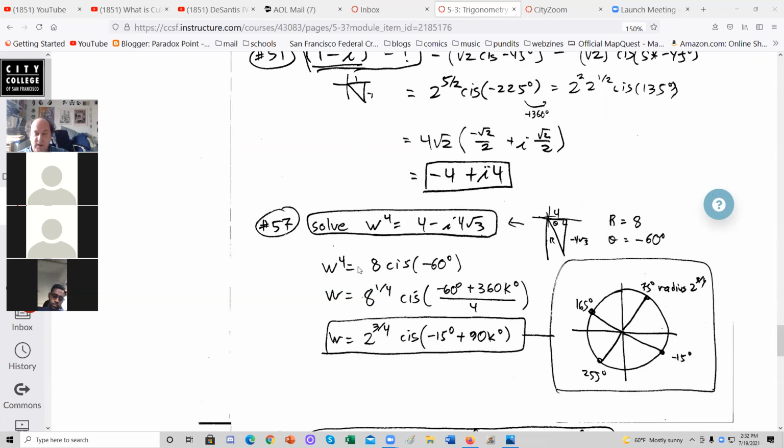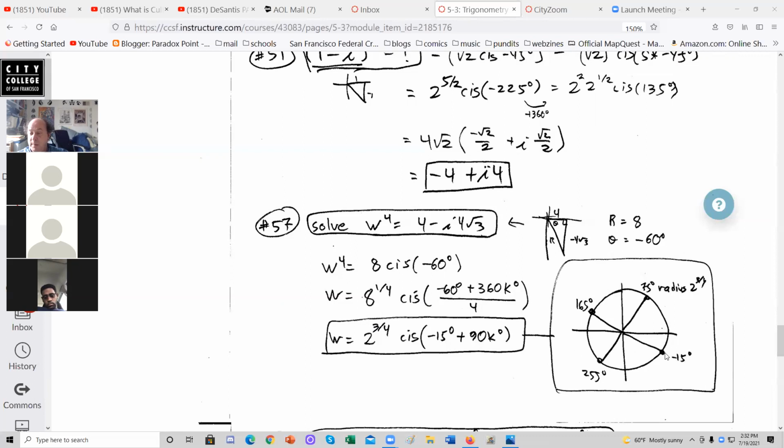So to solve this, we take the fourth root of the length and 1/4 of negative 60 plus 360k over 4. So, all right, 8 to the 1/4, 8 is 2 to the 3rd, so this is 2 to the 3/4. And then dividing through by 4, we get negative 15 degrees plus 90k degrees.